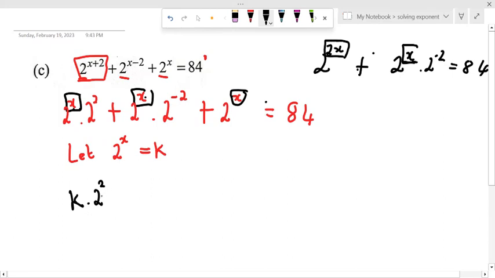We know what 2 squared is, but let's leave it for now. It's 4. Plus K multiplied by 2 to the power minus 2, plus K, which is going to be 84.